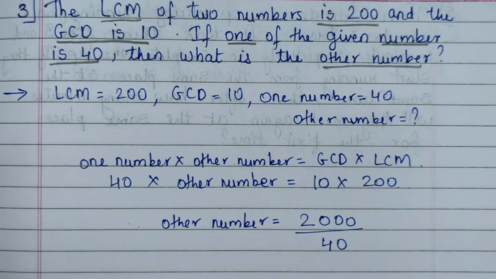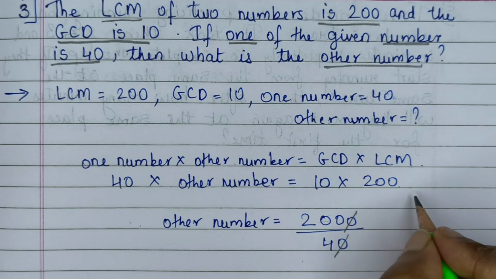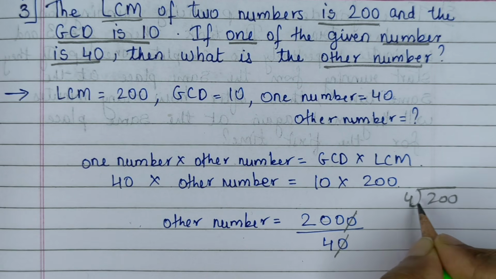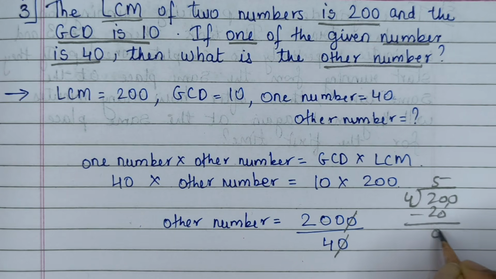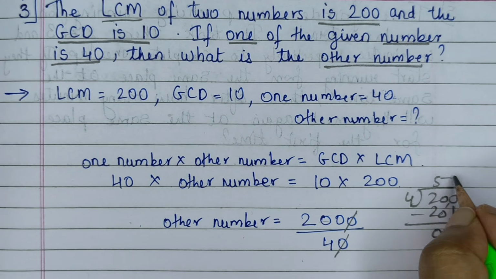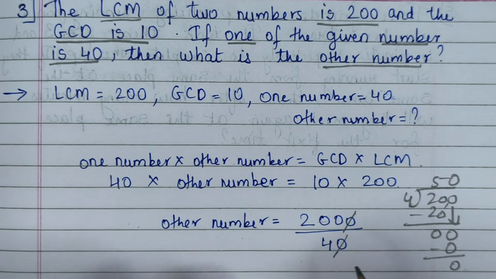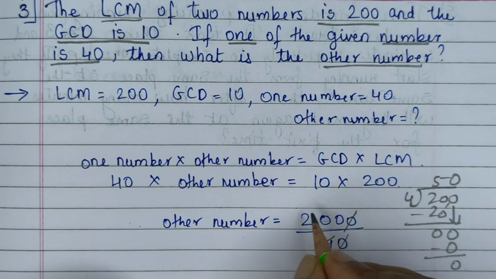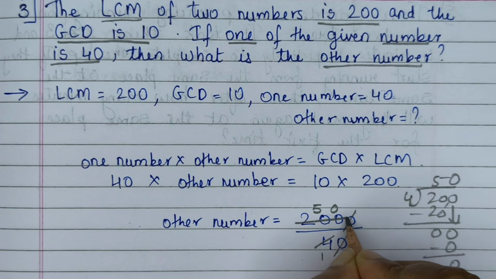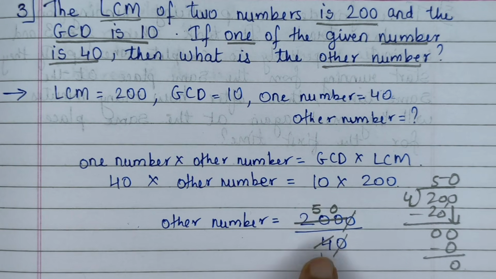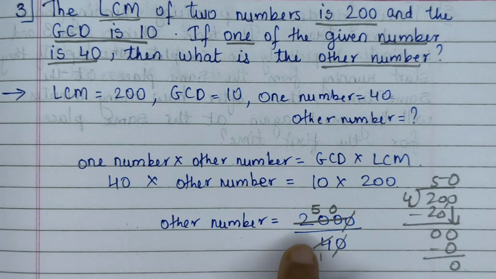So we can reduce this 0 and this 0 will get cancelled. 200 divided by 4: in 20, 4 fives are 20, 20 minus 20 is 0, bring this 0 down, 4 zeros are 0, you get 50. Understood? Even if you do this reducing here, 4 ones are 4, 4 fives are 20, 4 zeros are 0. Again you get 50. So you can do it either by division or by reducing it here itself.